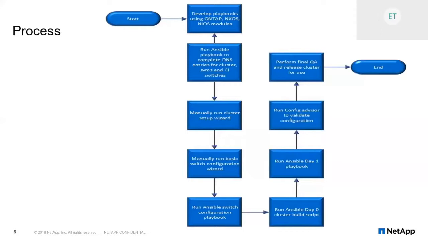We'll have a meeting with the team where we all go through the checklist and make sure that everything is done the way it was supposed to be done. Then we do a brief explanation of what the cluster is going to be used for, and then we turn it over. That's the whole process of how we go from where we start to having a cluster that's serving data and is ready for everyone to use.